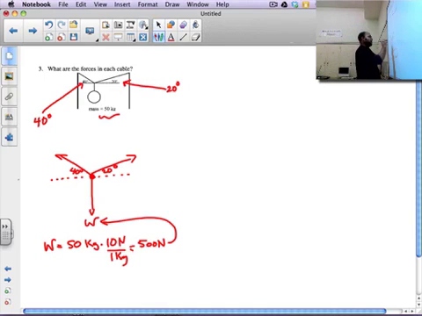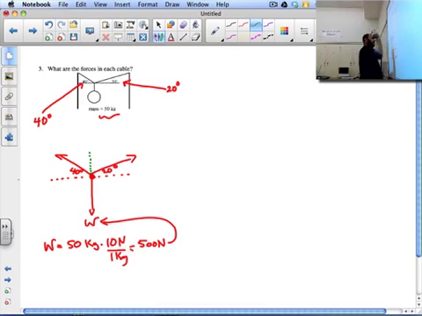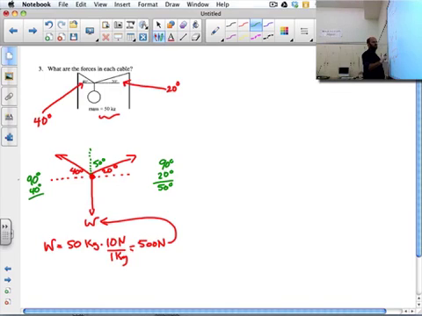Right away I might as well figure out the angles. 90 degrees minus 20 degrees will give me 50 degrees. And on this side, 90 degrees minus 40 degrees. This is wrong. Hold on a second.